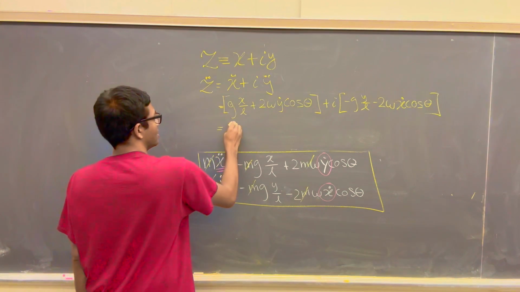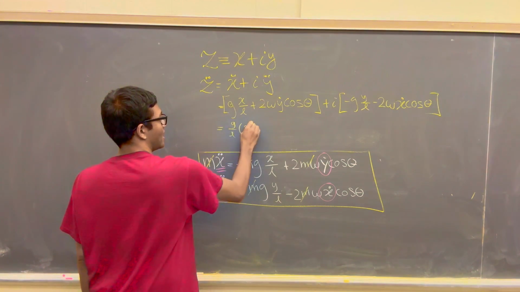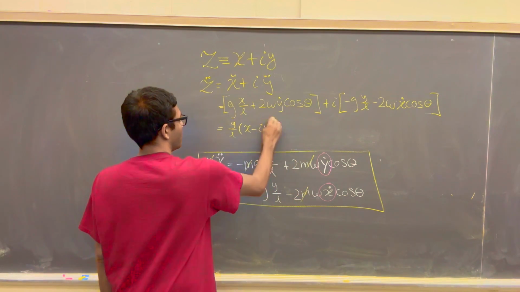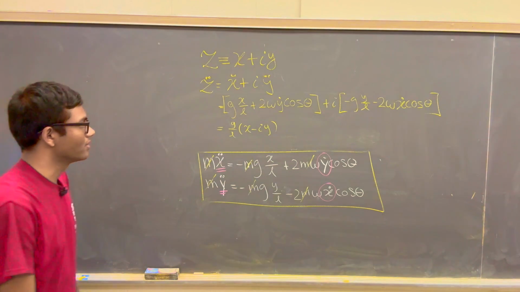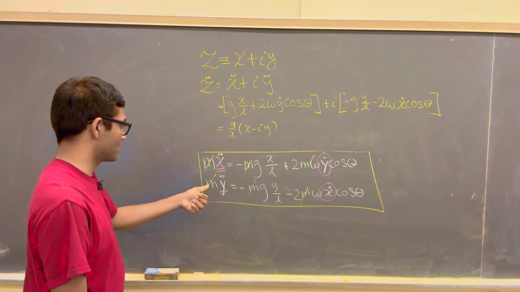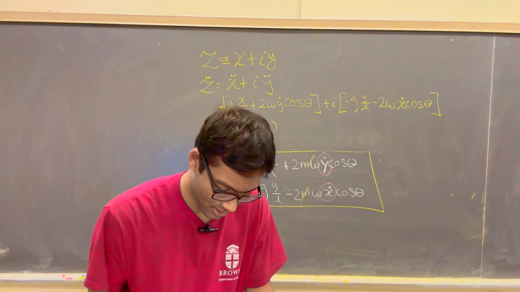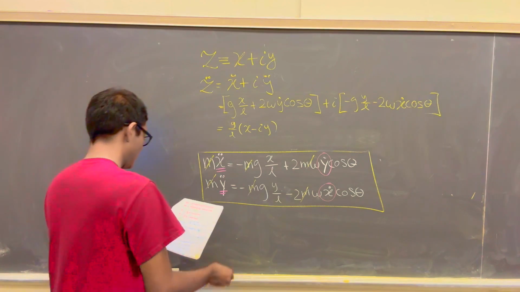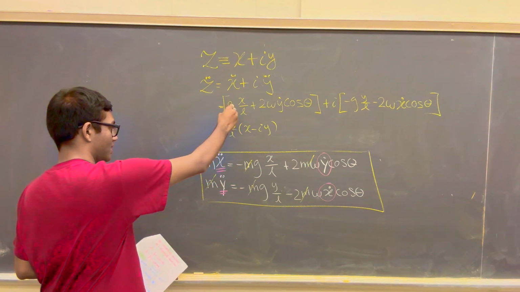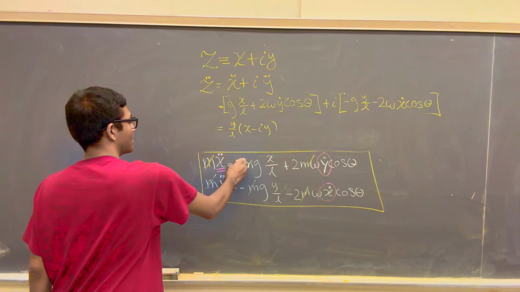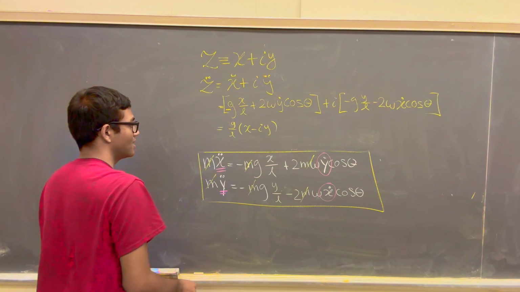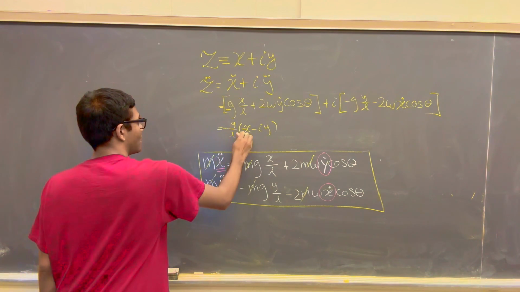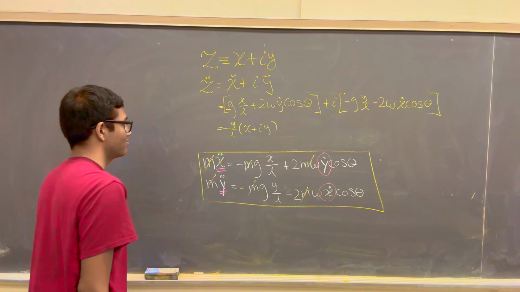Let's factor out g over L. That gives me x minus iy. Is that right? Shouldn't it be x plus iy? Maybe I've overlooked something. Let's take a look. So z double dot should be minus g over L times x. Oh, there's a minus sign here that I forgot to write. So this should be minus, x plus iy. Factor out that minus sign, and make this plus, make that plus.